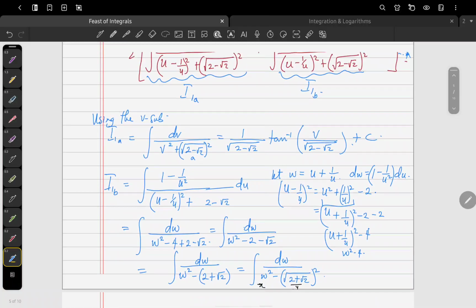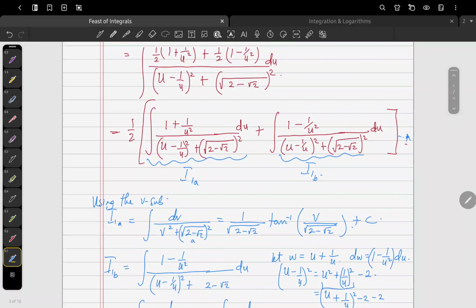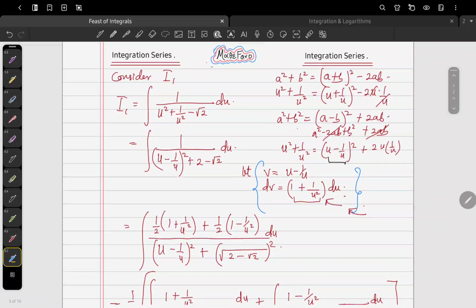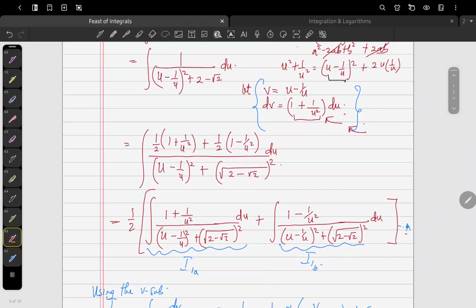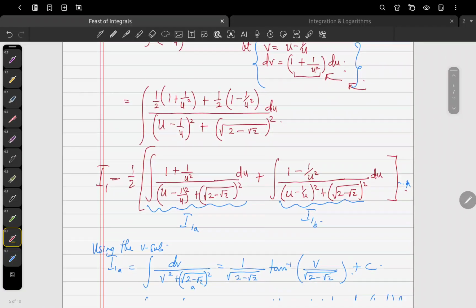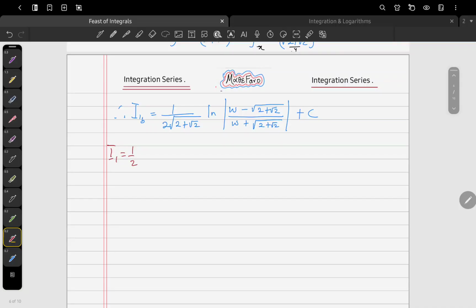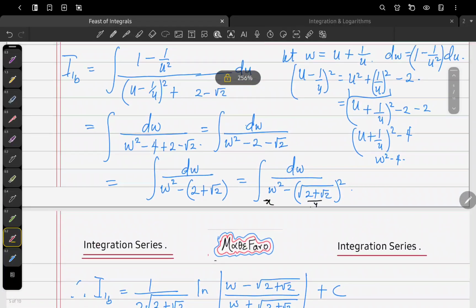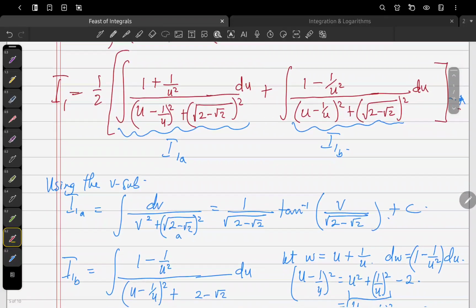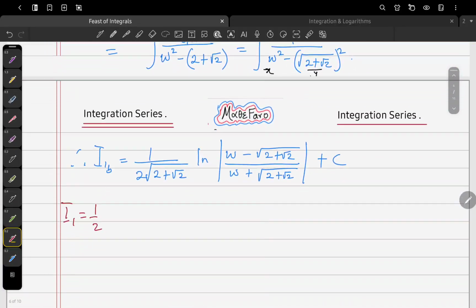So we have gotten I1a and I1b. So it means that I1 in general will be 1 over 2, because it is 1 over 2 times I1a plus I1b.